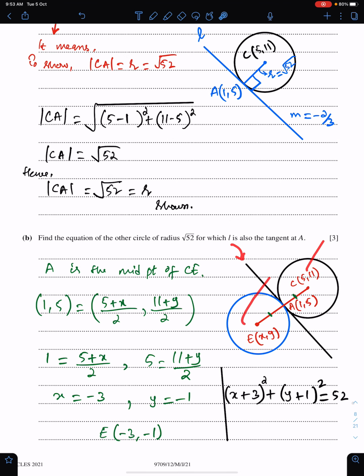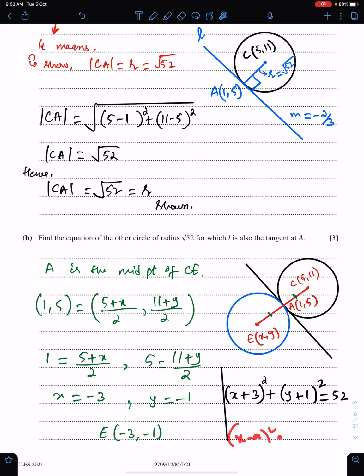If L is the line of reflection, then the image of this circle is here, and this A is the midpoint of these two centers. So you just need to get the coordinates of the center of this circle with the help of the midpoint formula. Since A is the midpoint of CE, therefore the coordinates of E are minus 3 and minus 1.